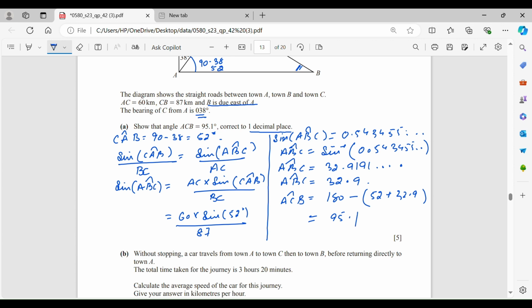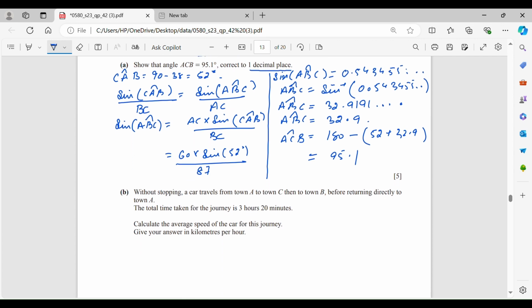This will be our answer. Now the next part, B part. Without stopping, a car travels from town A to town C and then to town B, before returning directly to town A. The total time taken for the journey is 3 hours 20 minutes. Calculate the average speed of the car for this journey.